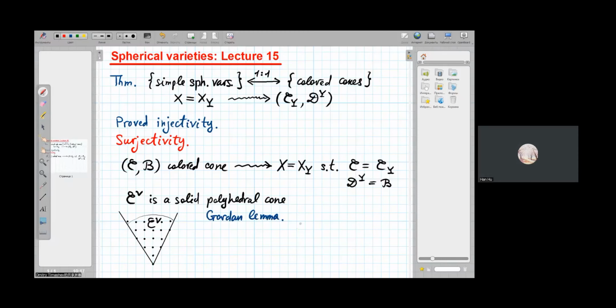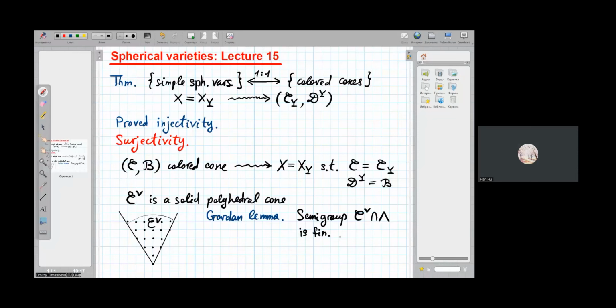So the additive semigroup C check intersect with lambda, the semigroup of all lattice vectors in the dual cone C check, is finitely generated.